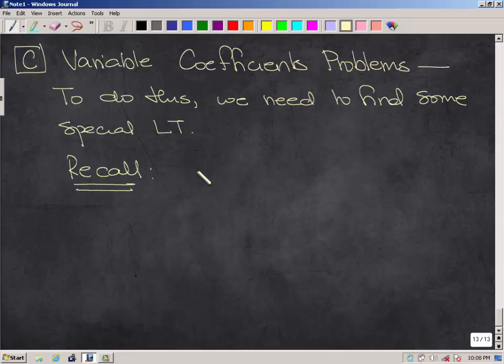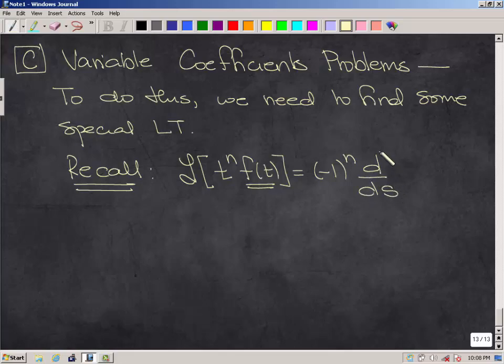It is this one, the Laplace transform of t to the n of f of t. If you take a function f of t and multiply it by t to the n, it was what? -1 to the n times the derivative, not just any derivative, the nth derivative of big F of s, where big F of s is the Laplace transform of little f of t.